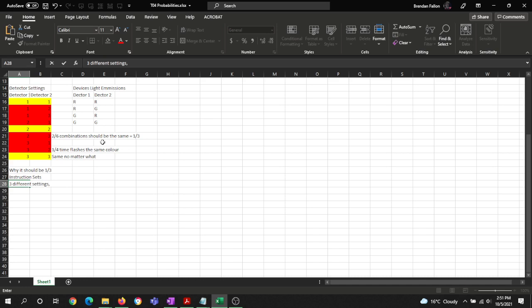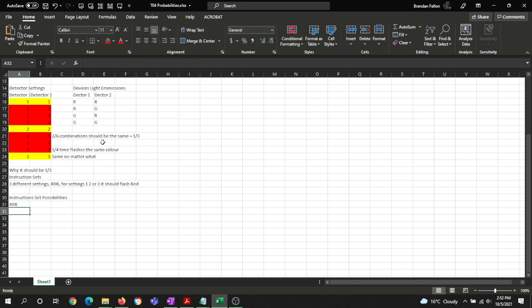So for example, an instruction set, like you said, could be RRR, which means no matter what the setting, for settings 1, 2, or 3, it should flash red. Right. Okay. So then we can go over the different instruction set possibilities. Actually, let's put this in a table.